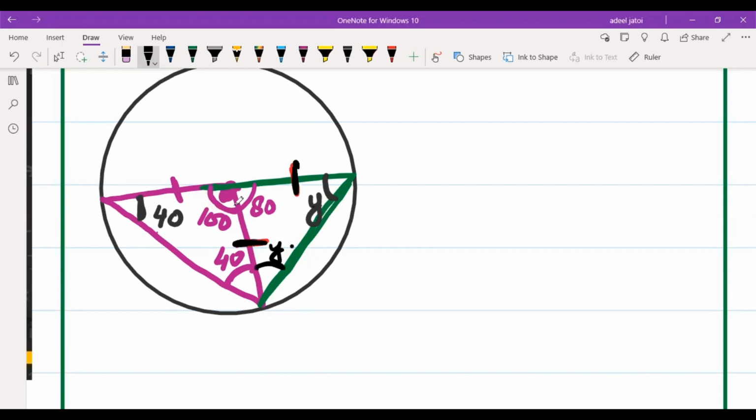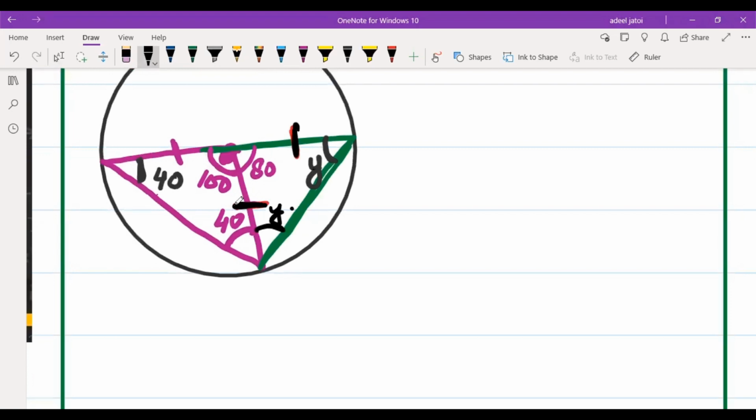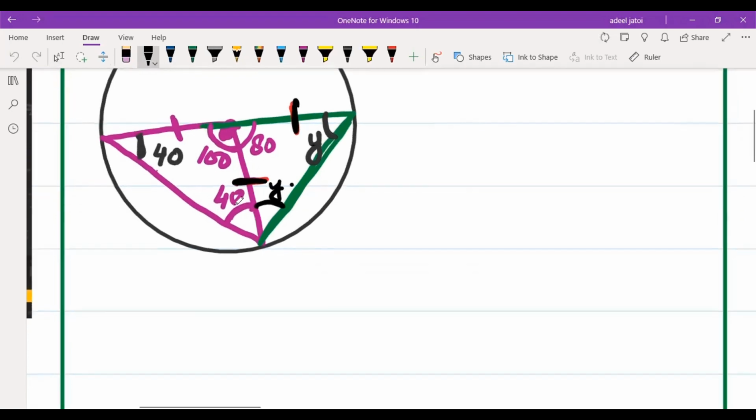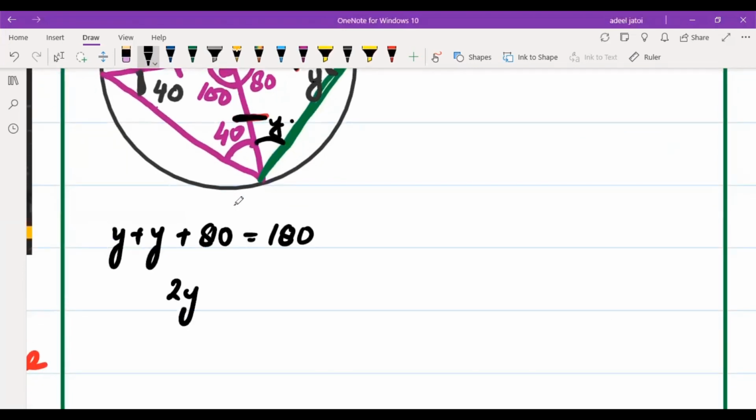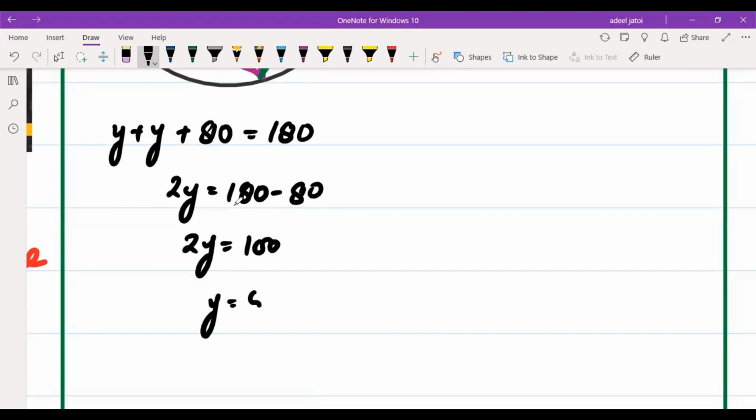So if this is y, that means this is another isosceles triangle. Considering it as y plus y plus 80, this should sum up to what? 180 degrees. So 2y is equal to 180 minus what? 80. Knowing that 2y is equal to what? 100, y is equal to what? 50.